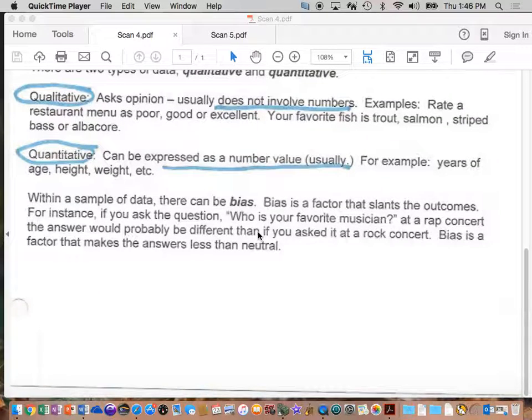Now, the thing about quantitative data is there can be this thing called bias. Remember a minute ago, I'm sorry, with quantitative data there cannot be bias. With qualitative there can be bias. Remember a minute ago I said, if you live here in metropolitan areas of the East Coast, areas like New York, Boston, Philly, Atlanta, and we said, what's your favorite kind of music?